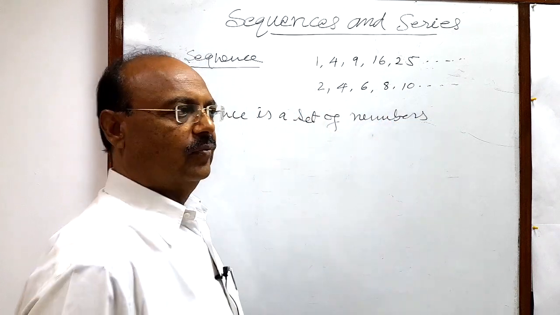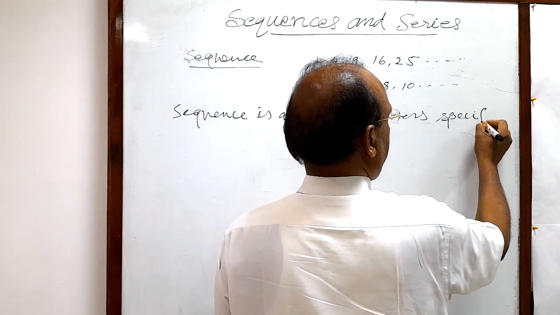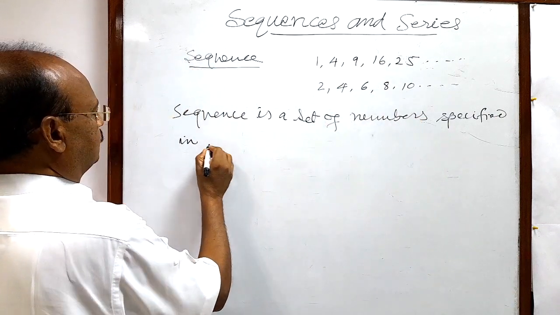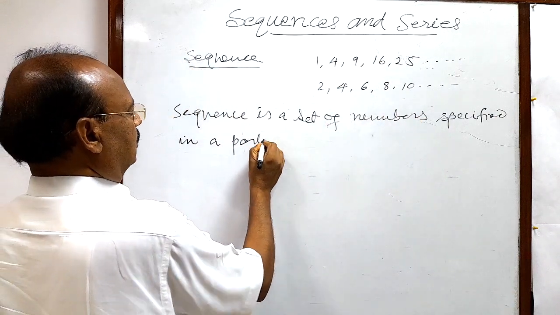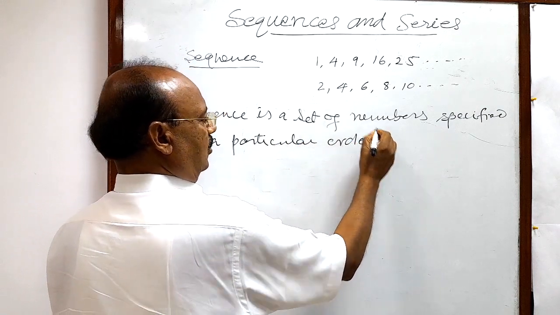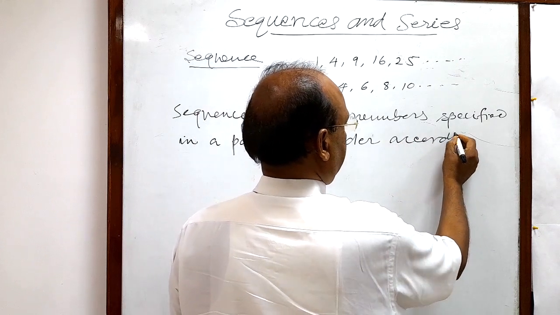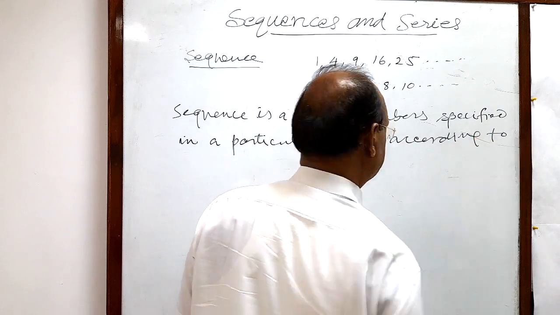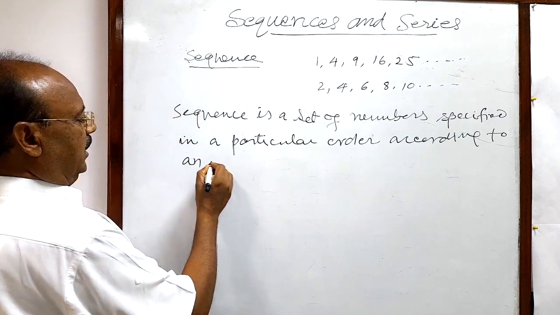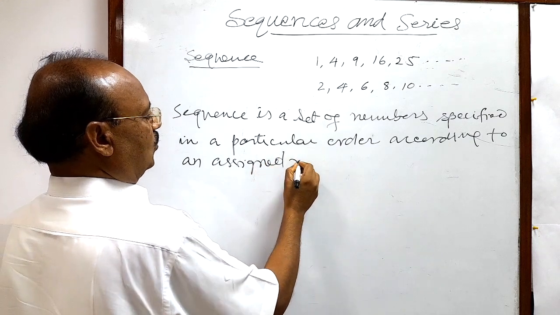So now we can define a sequence: a sequence is a set of numbers specified in a particular order according to an assigned rule.